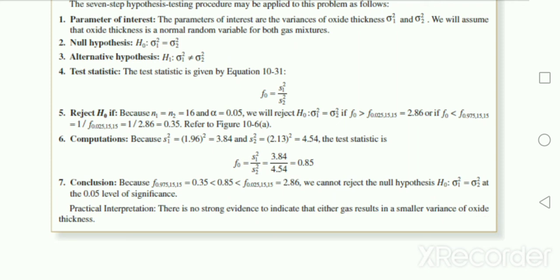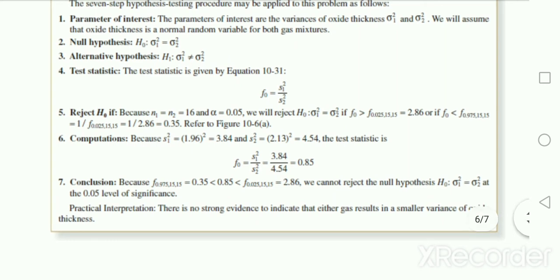Here alpha is 0.05 and both n1 and n2 are 16. So our rejection criterion is either F naught greater than F 0.025 comma 15 comma 15.